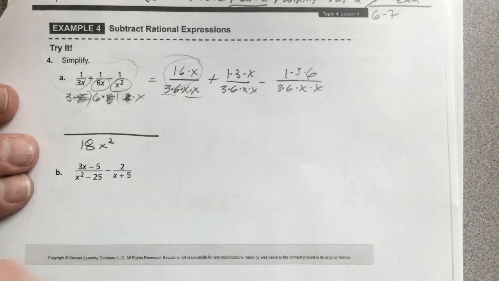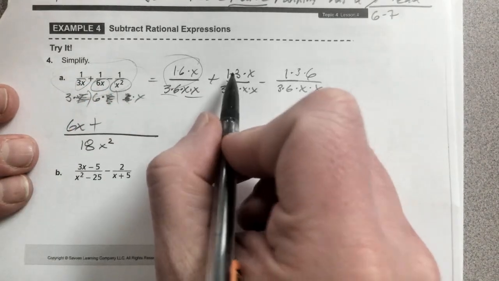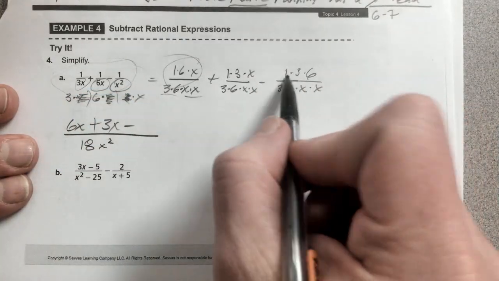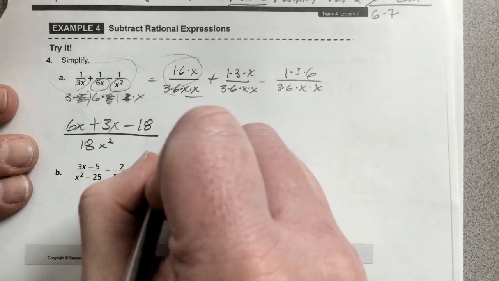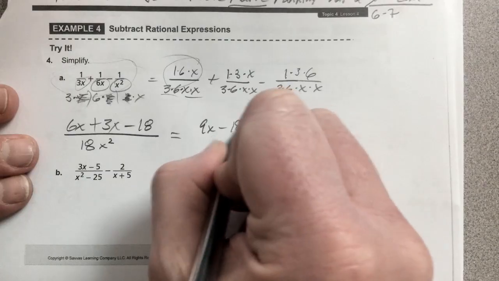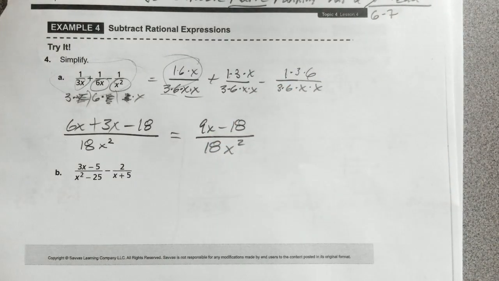Alright, 1 times 6 times x is 6x, plus 1 times 3 times x is 3x, minus 1 times 3 times 6 is 18. Can't you just simplify that to 9x? I'm about to. Okay. 9x minus 18. Great job. All over 18x squared.